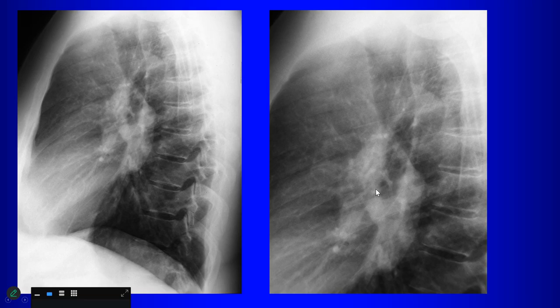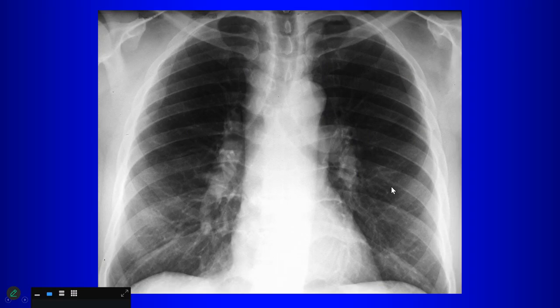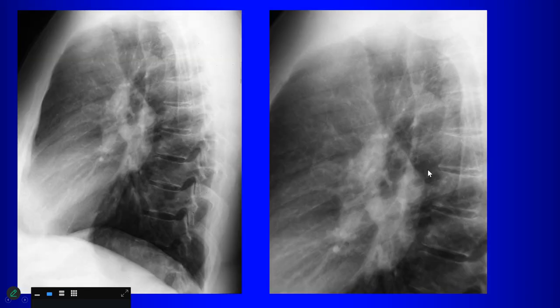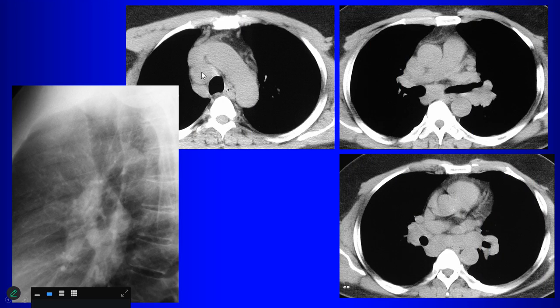Donut. There's a very nice donut sign here. So, what do you think this patient's underlying disease is? Sarcoid. Yeah. Paratracheal, hilar, subcarinal lymphadenopathy. This is a patient with sarcoid, subcarinal nodes, right paratracheal nodes, also some hilar nodes. Patient with sarcoid with a very nice donut sign.